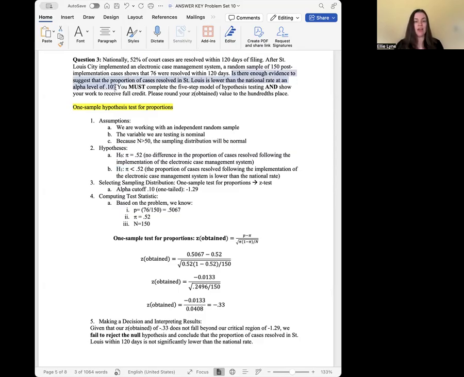Is there enough evidence to suggest that the proportion of cases resolved in St. Louis is lower than the national rate at an alpha level of 0.1? Okay, here I see that we have a less than sign, so we are in line with what we see here, right? Is it lower than the national rate? So we're good to go there as well. So just make sure that both of these are in line with each other.